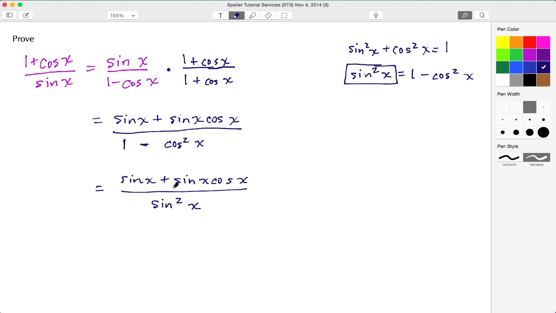And now I'm going to separate this singular fraction into two separate fractions. So this turns into sine x over sine squared x, plus I keep this part of my numerator, sine x cosine x, again over the same denominator, sine squared x.